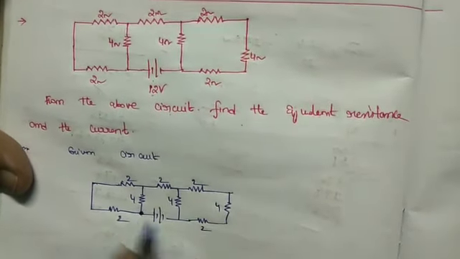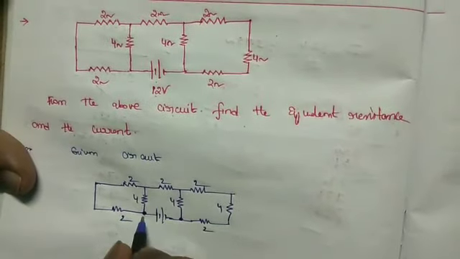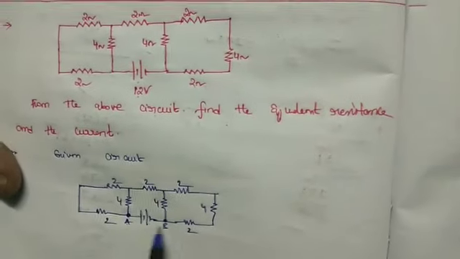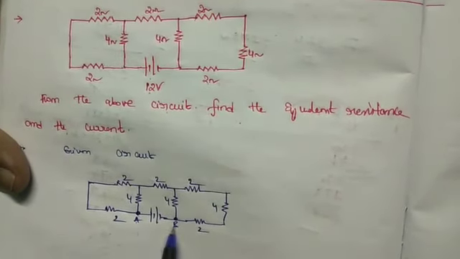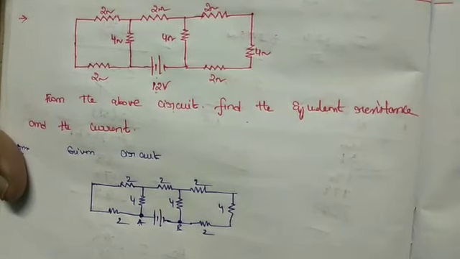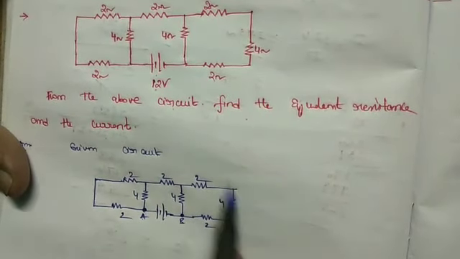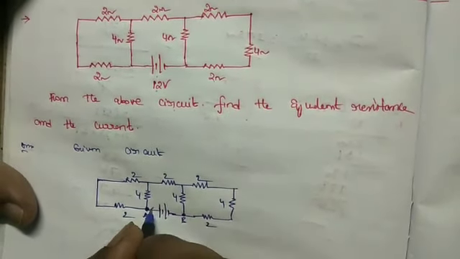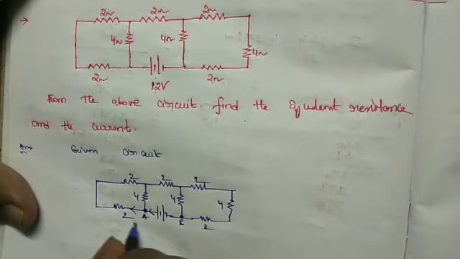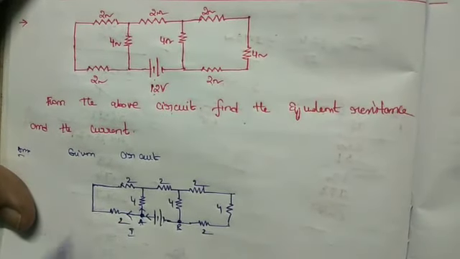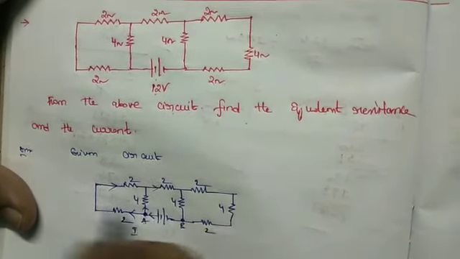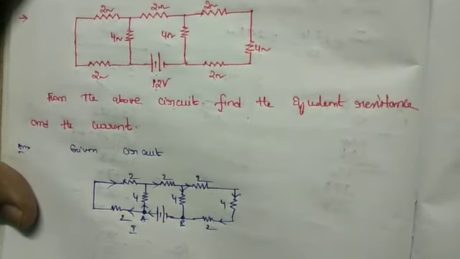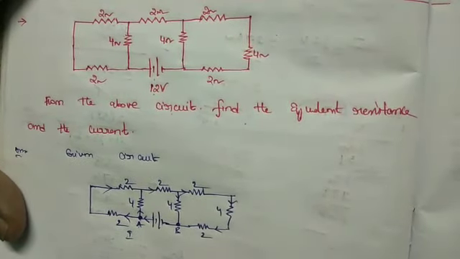Now we are assuming this is A and this is B. So across AB, what is the total equivalent resistance? The current passes through like this. So this is I, and also like this, the current passes through the circuit.